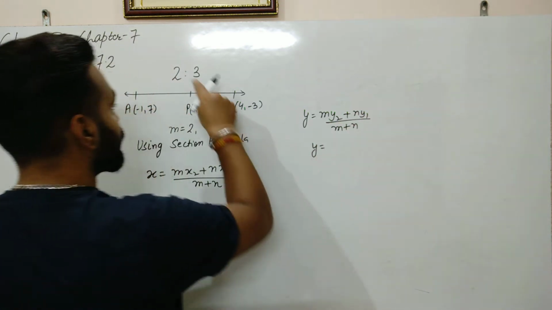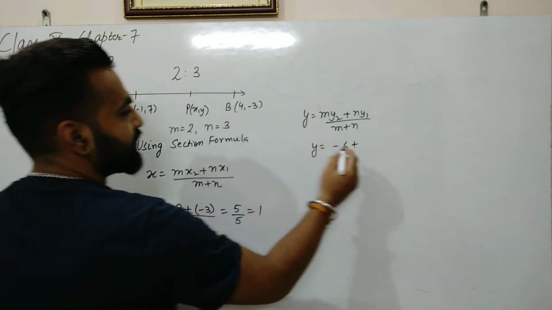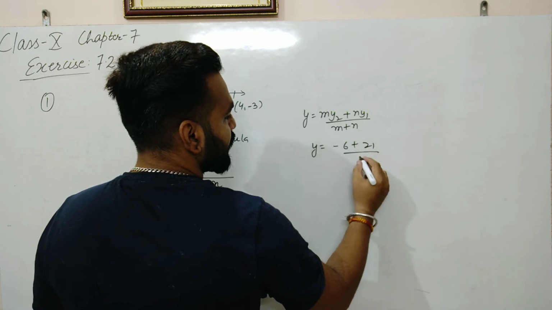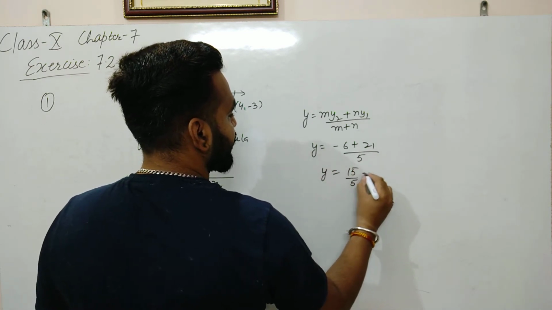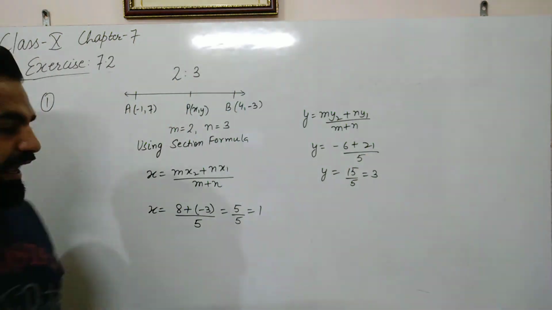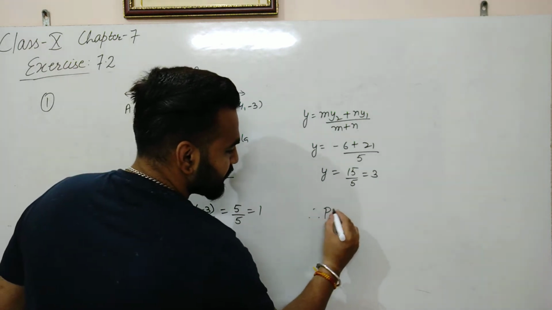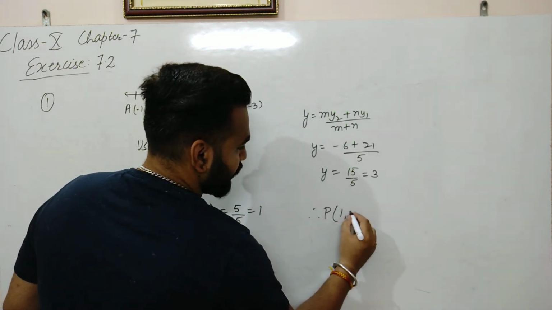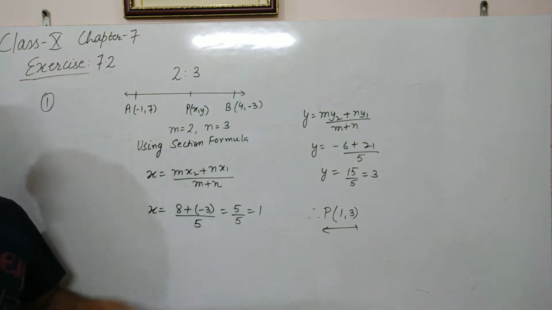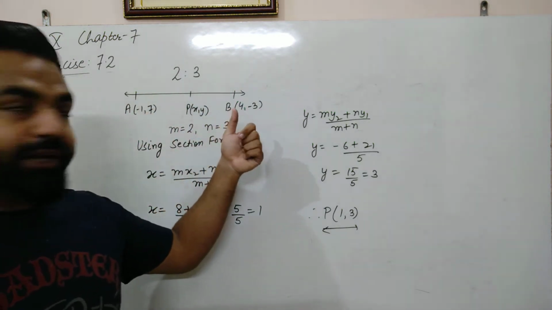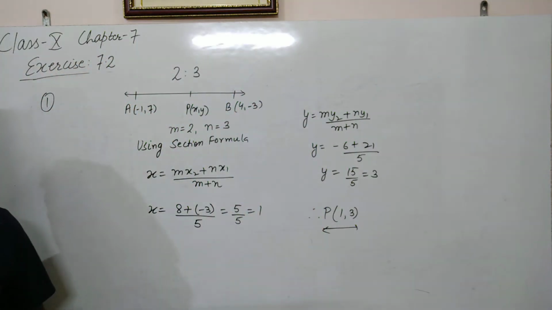So y is equal to 2 into -3, -6, plus 3 into 7, 21, upon 2 plus 3, 5. y is equal to 15 by 5, that is 3. So x is 1, y is 3. So point P is (1, 3). This is how to find the coordinates of the point P which divides the line in the ratio 2:3 by using the section formula.